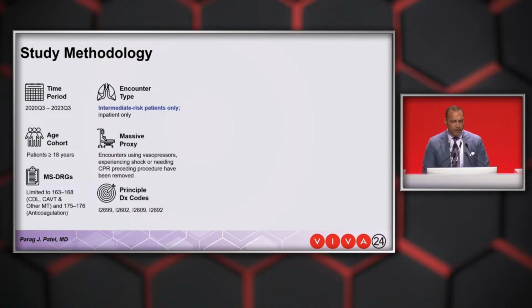So that is patient encounters where vasopressors were instilled, or those that experienced cardiogenic shock or required CPR prior to intervention. Of course, interventions were then mapped to their corresponding MS-DRGs, so we could identify patients treated with CDL or mechanical thrombectomy. And then we utilized specific product SKUs to identify the Lightning and Flash 1.0 to tease out the CAVT patients, and all other patients were then deemed mechanical thrombectomy.